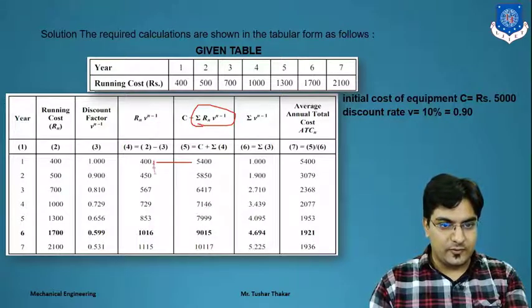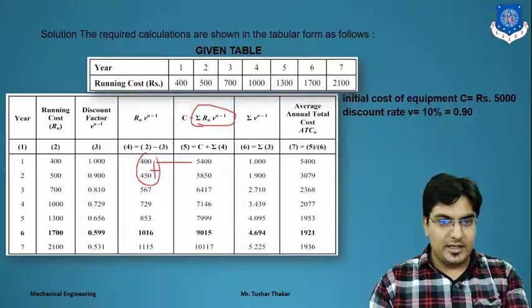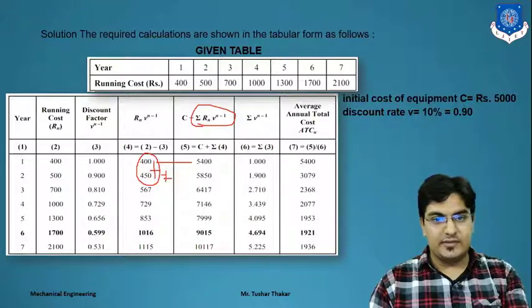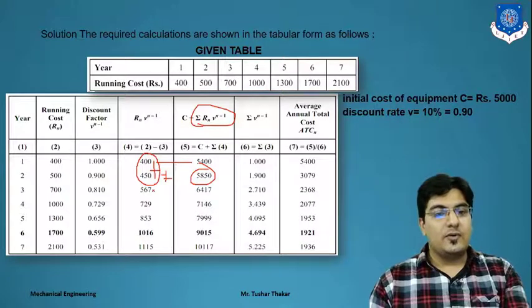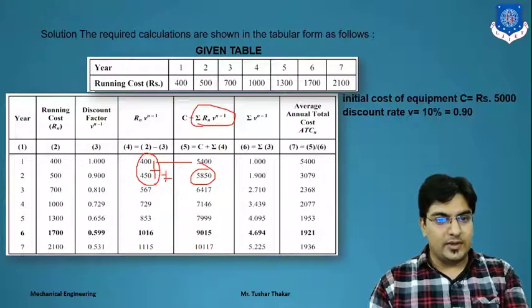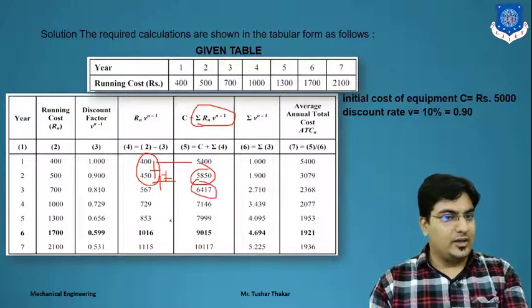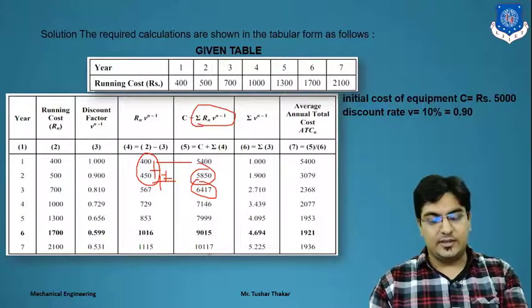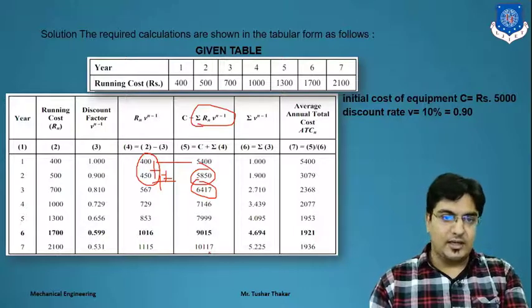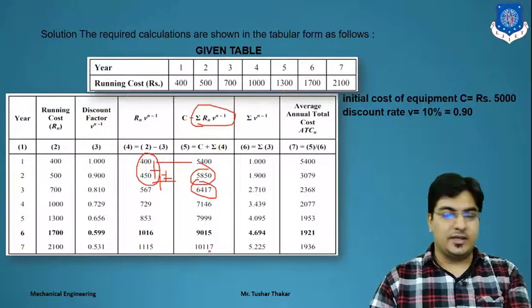So here 5,000 plus 400 is 5,400. Then 400 plus 450 is 850, and adding 5,000 rupees as the value of C, we get 5,850 rupees. Again we add the next value and get 6417. So we get 10,170 at the end of the 7th year, right?